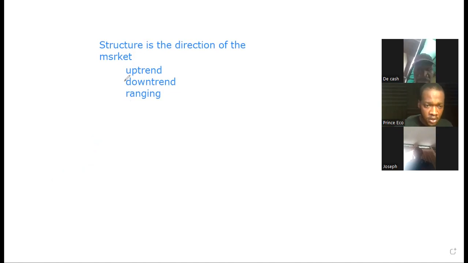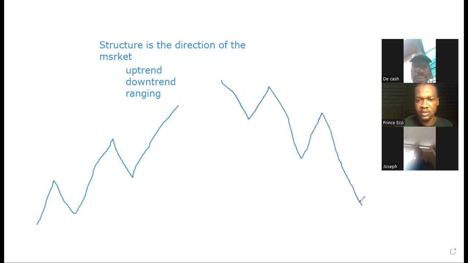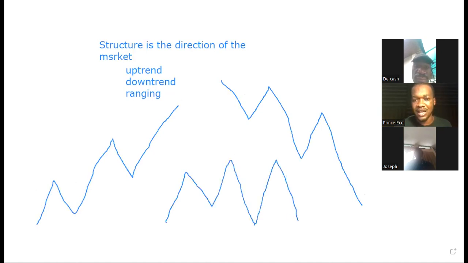Okay, so we have something like this, uptrend. Please, you guys will not mind my drawing. All right. We have downtrend. And we have the ranging market, which is like this. It's just going flat, right?